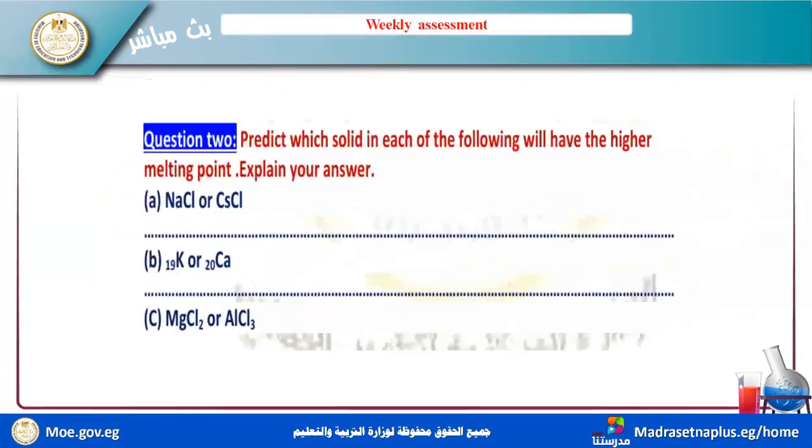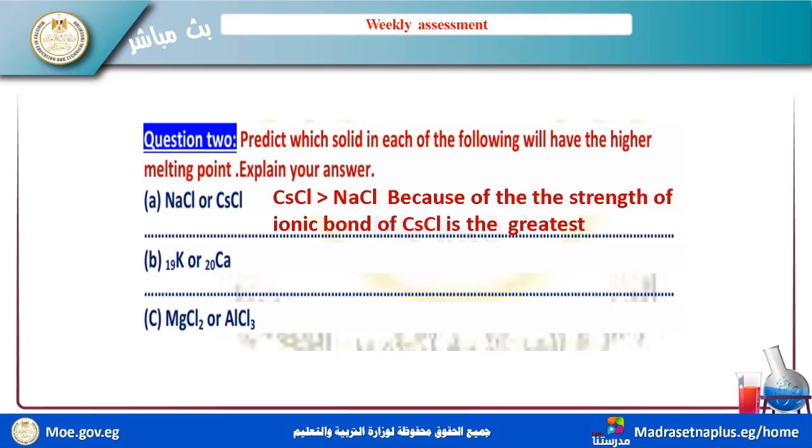Now, this question: predict which solid in each of the following will have a higher melting point, and explain your answer. NaCl or CsCl? According to the electronegativity difference, CsCl is higher than NaCl because the strength of the ionic bonds of CsCl is greatest.